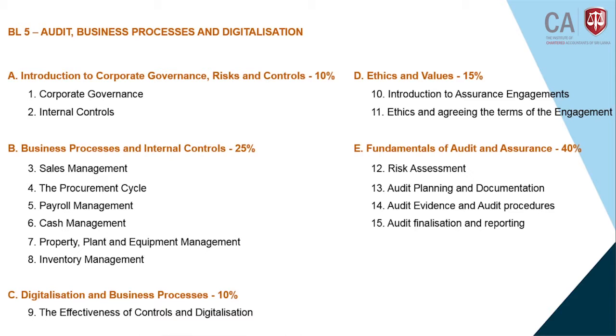But in this we have started the discussion of parts D and E. Part D, chapter number 10, introduction to assurance engagement, was our first webinar, where we put the foundation for assurance engagement. And now chapters 11, 12, 13, 14 and 15 basically contain about 50 marks.